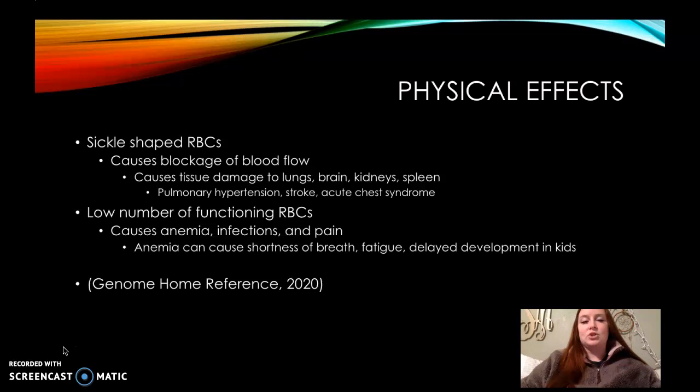This tissue damage can also cause pulmonary hypertension, stroke, acute chest syndrome, and eventually sometimes death. It also causes a low number of functioning red blood cells, so this causes anemia, infections, and pain. And anemia can cause shortness of breath, fatigue, and a delayed development in children.